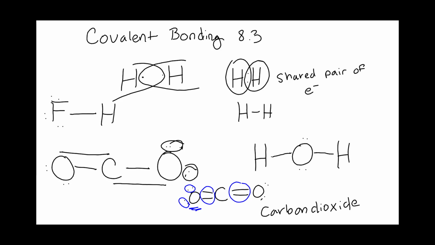You can also have a triple bond. For example, let's just do one quick example of something that would form a triple bond. Nitrogen. How many dots would be on my Lewis dot structure for nitrogen? 5. Good. 1, 2, 3, 4, 5.